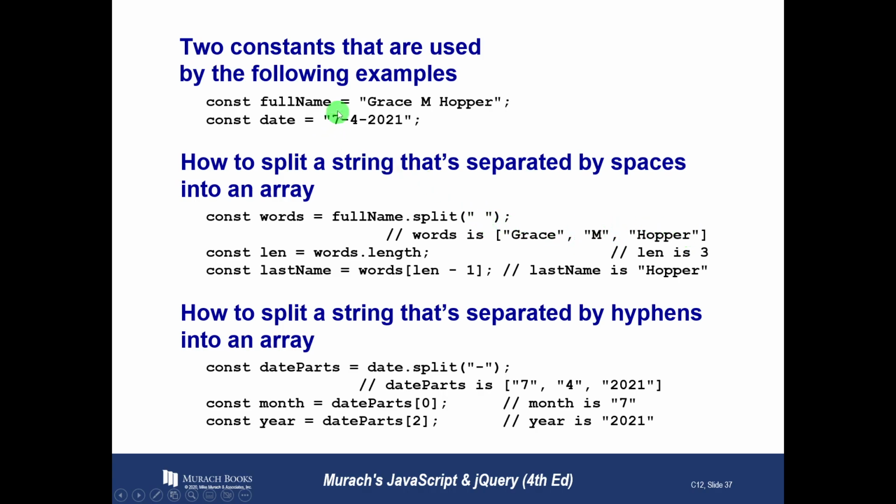Notice the spaces that were in here don't get included, and it splits these into 3 separate strings stored in this array called words. There's actually technically a name for this, and these are called tokens. So we split this string into tokens based on the character space in this case.